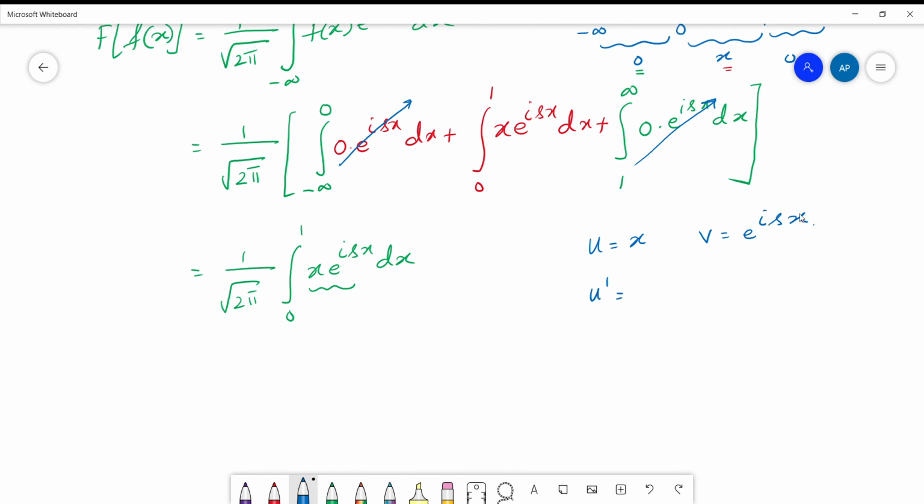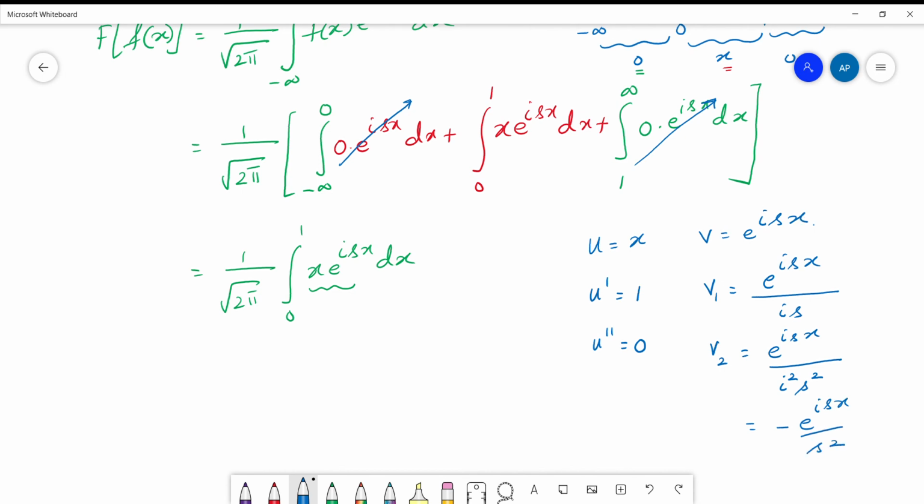I subsequently differentiate until I get 0. Here the second derivative is 0. Then I perform subsequent integrals of e power isx. So I write e power isx by is, and again one more time, e power isx divided by i square s square, but i square is minus 1, so I write that as minus e to the power isx divided by s square.